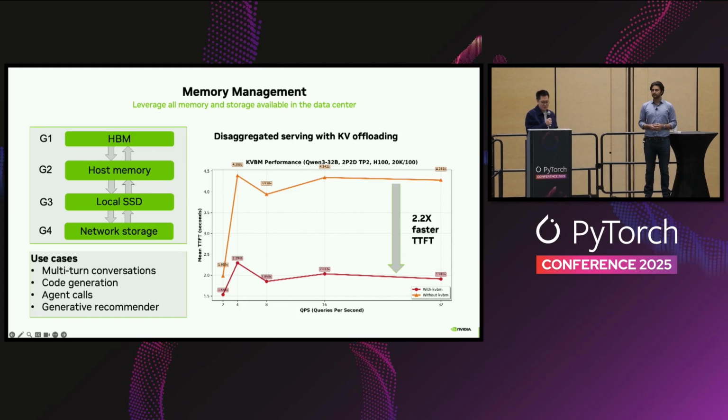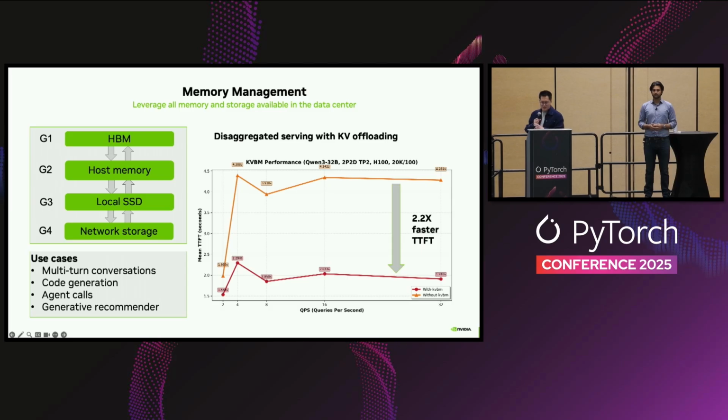So Laikh previously talked about a powerful technique for improving throughput given latency called prefill decode disaggregated serving. With Dynamo's KV block manager, you can provide additional benefit on top of disaggregated serving.